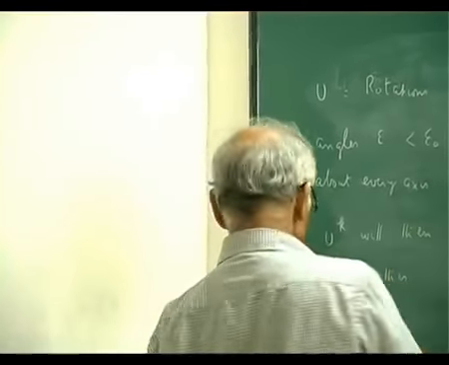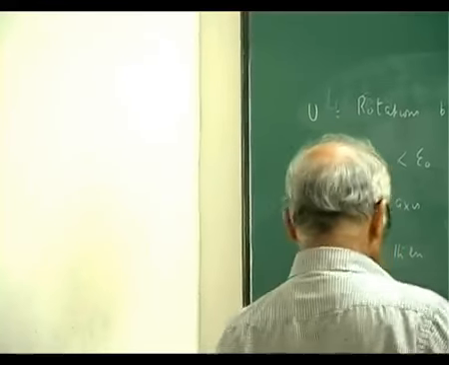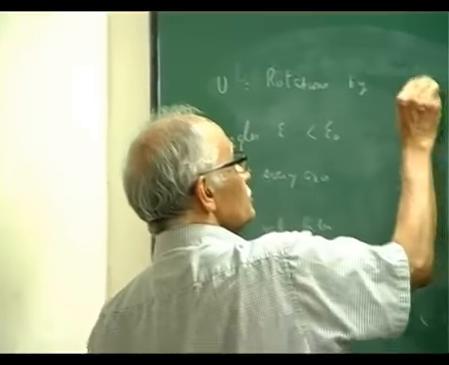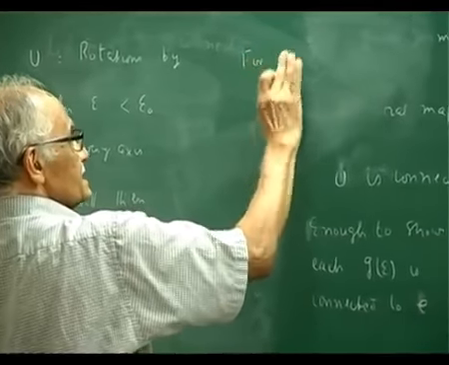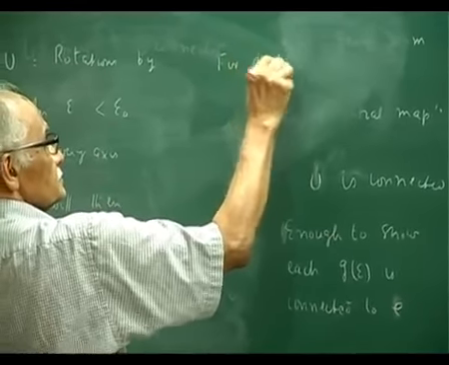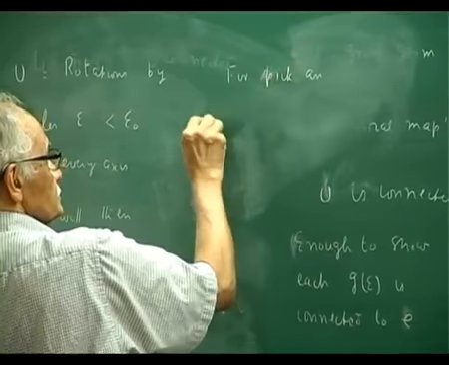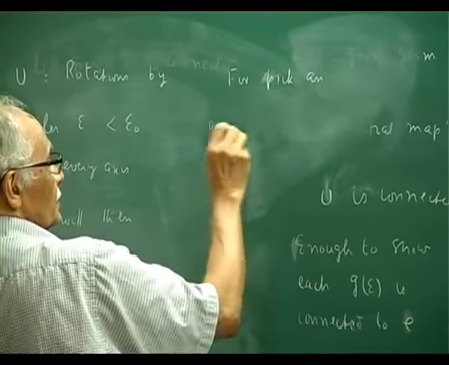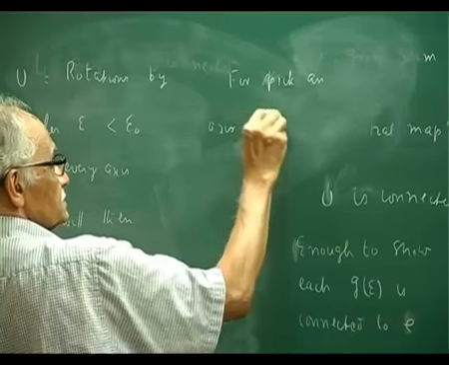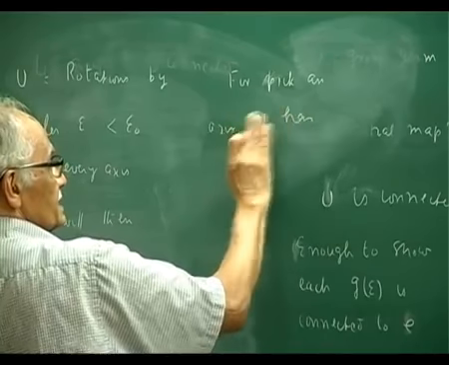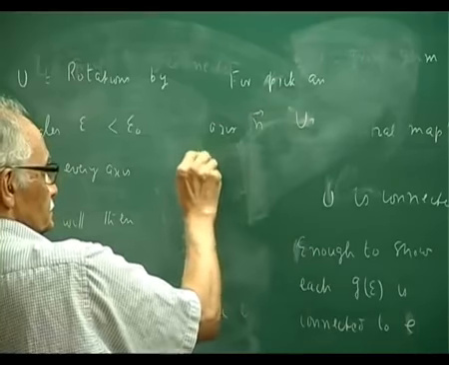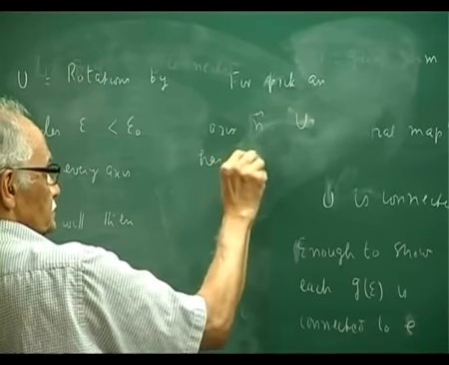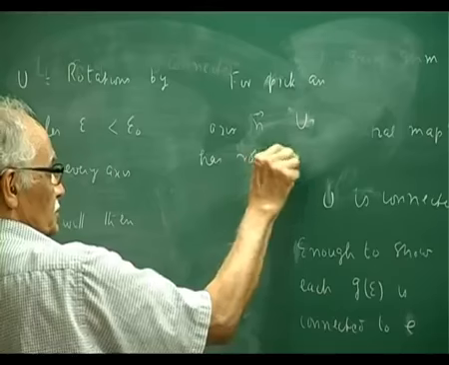This is exactly similar. Around, pick an axis n. U has rotations up to epsilon.